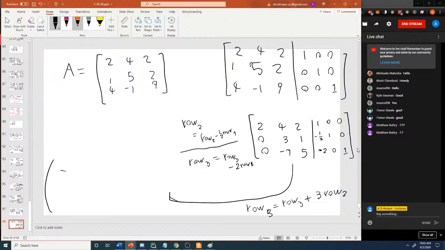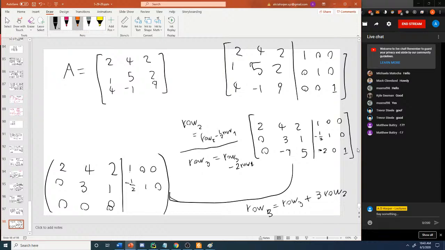And I get 2, 4, 2, 0, 3, 1. The other side of the bar doesn't change, so I'll have negative 1/2, 1, 0. And on the bottom row, I'll have 0, 0, and then 3 times 1 plus 5 is 8.